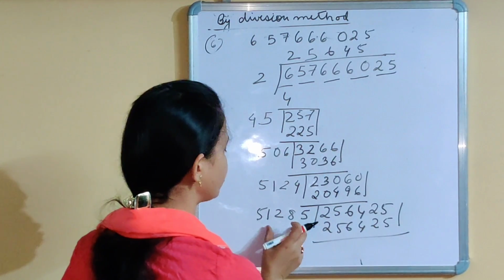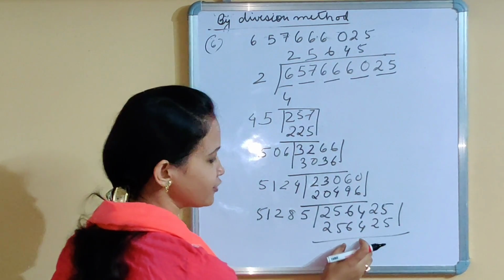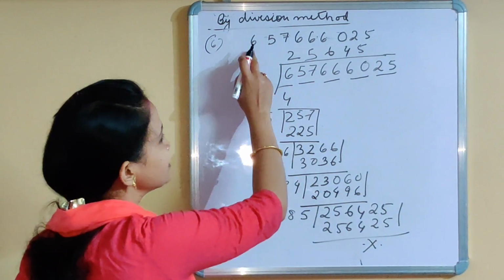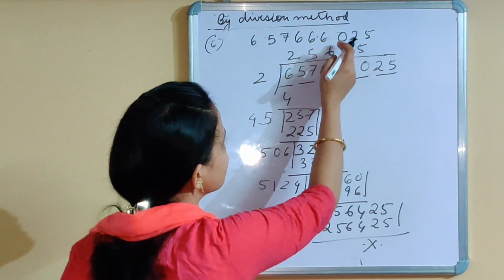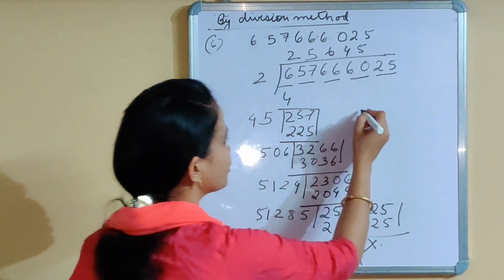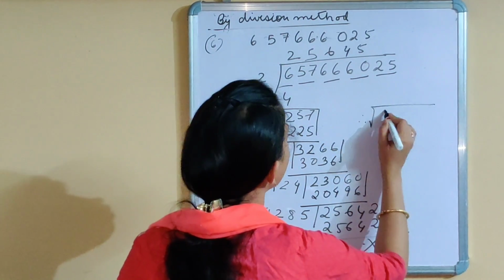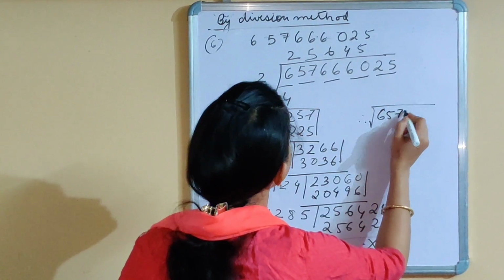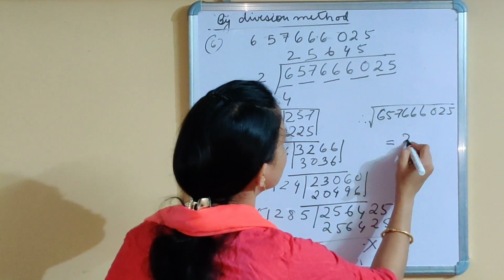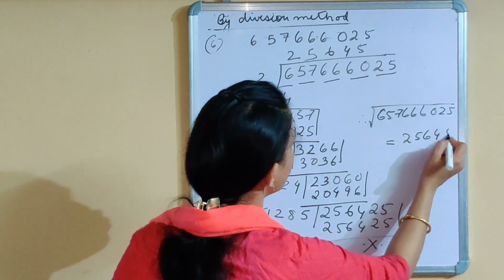If you multiply 5, 1, 2, 8, 5 with 5, it is going to be 2, 5, 6, 4, 2, 5. So therefore, the square root of 6, 5, 7, 6, 6, 0, 2, 5 is 2, 5, 6, 4, 5.